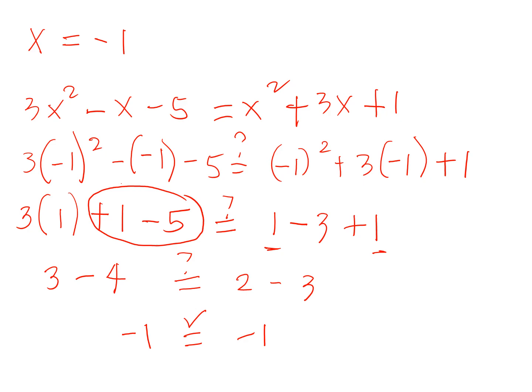Okay, so the left side of the equation and the right side are equal. So, therefore, negative 1 can satisfy the given equation. So, the solutions of 3x squared minus x minus 5 equals x squared plus 3x plus 1 are positive 3 and negative 1.